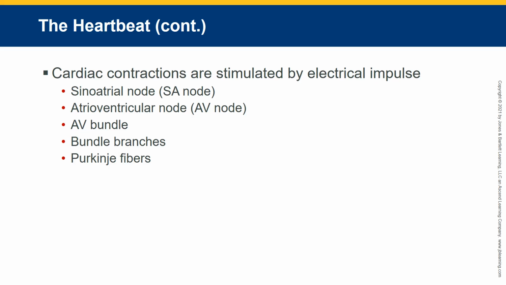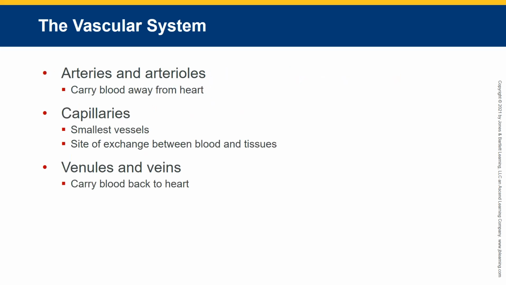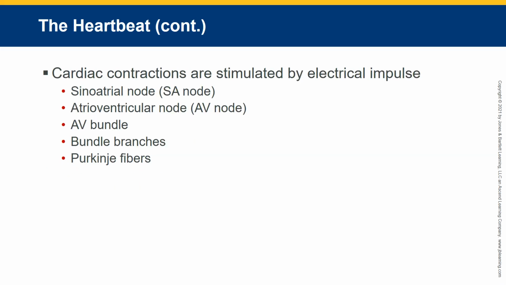The Purkinje fibers are going to signal the muscle in the walls of the heart to contract, and then the electrical stimulation releases and the heart will release. So that's the basics of cardiac stimulation and contraction.